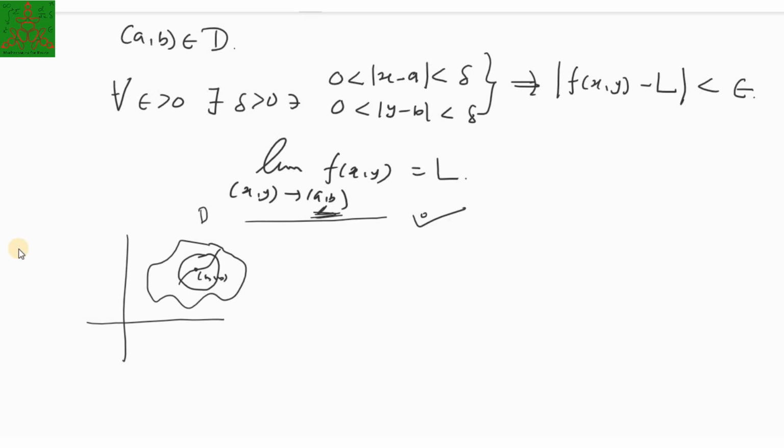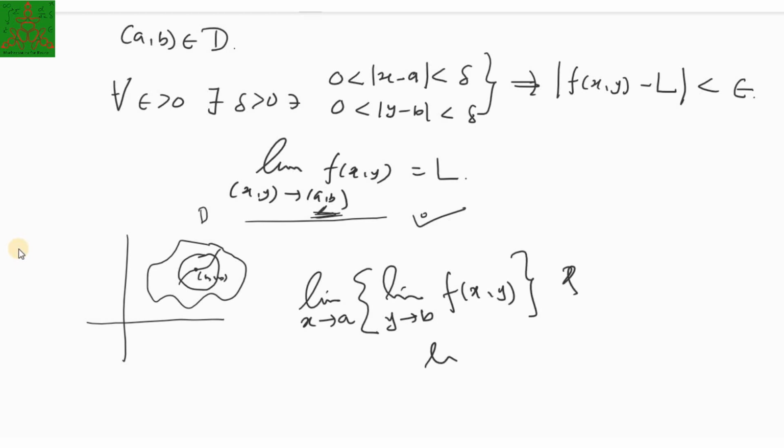So with that note, in this lecture I am extending the same topic to repeated limits and iterated limits. Both are the same thing. Repeated limits and iterated limits of this type of function are defined as limit of x tends to a, limit of y tends to b, f of (x, y), and limit of y tends to b, limit of x tends to a, f of (x, y).